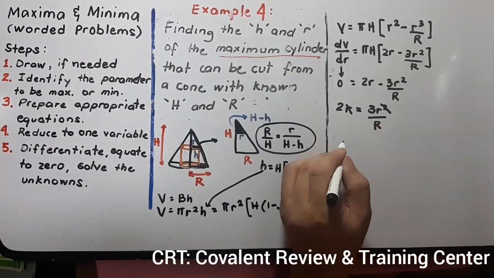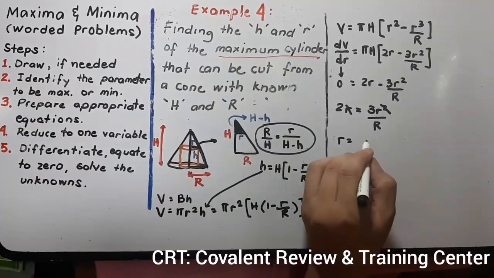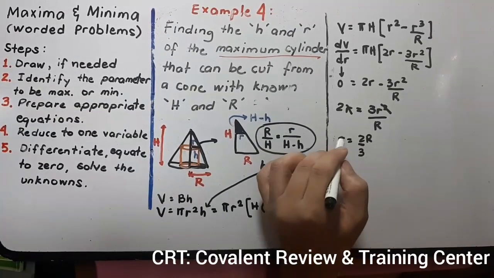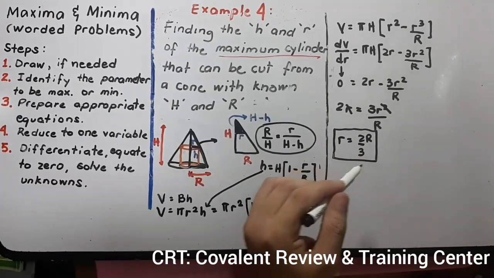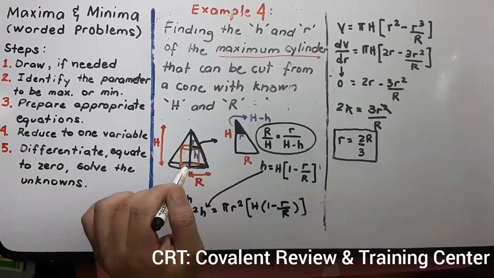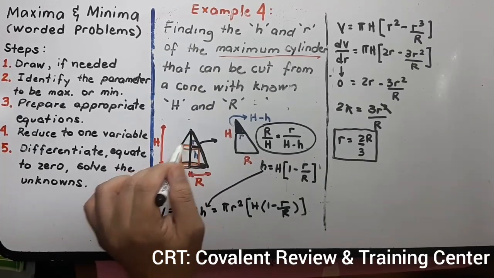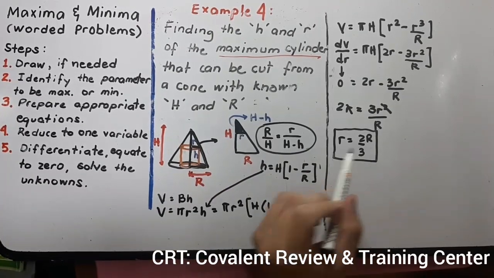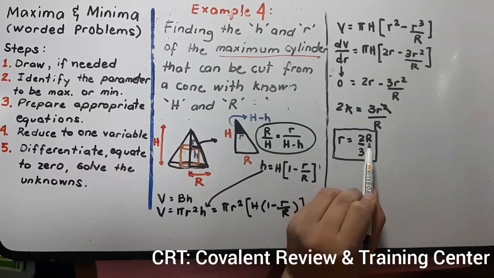Solving for small r, it will give us 2 times capital R over 3. Therefore, in finding the radius of the cylinder, the maximum cylinder inside the cone is equivalent to 2/3 of the radius of the cone. So r equals 2/3 of capital R.